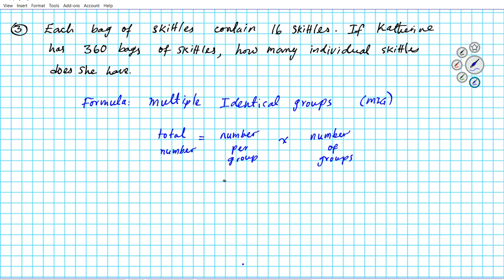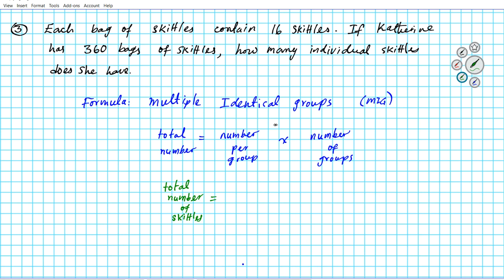All right, so let's adapt this formula to this particular problem that we're looking at. Okay, what are we looking for in this problem? We're asked to find how many Skittles. So we're looking for the total number of Skittles. And that's going to be given by the number of groups.